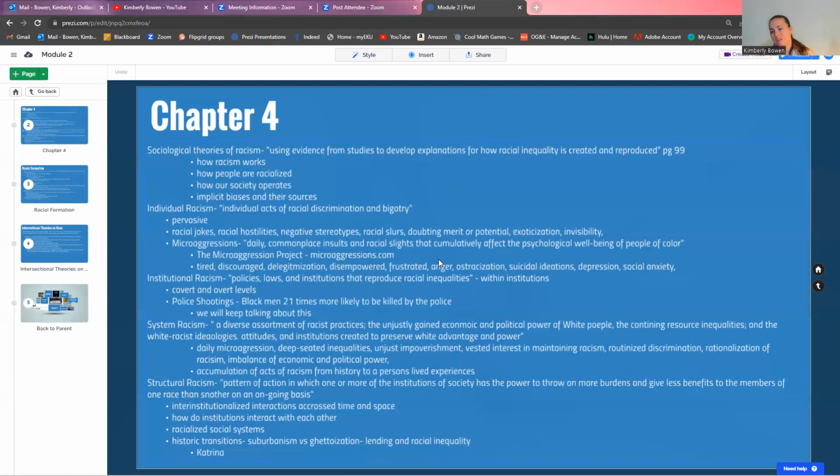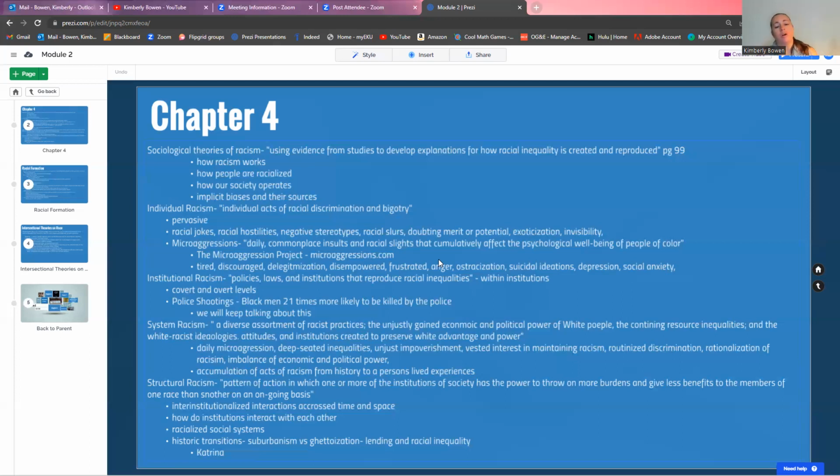That's not to say that there aren't situations that people of color are in that don't have these. It's to say that if you are not a person of color, reframe the words to include white person instead of person of color, or woman instead of man, or whatever it may be, and think about how these little microaggressions would impact you if they continued to happen over and over and over again.